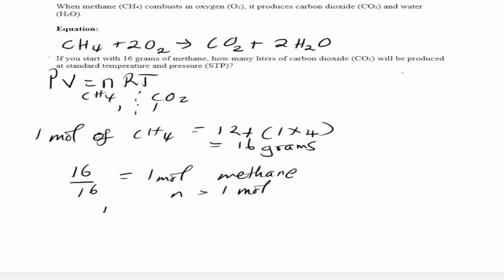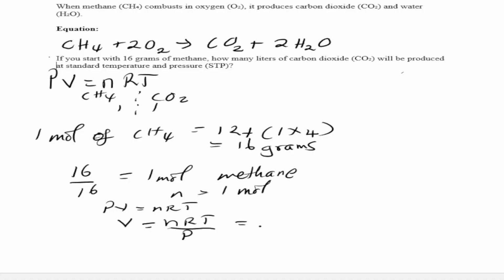Now we're gonna try to punch it in our formula, PV is equal to nRT. We're gonna make V the subject, which is nRT over P, right?